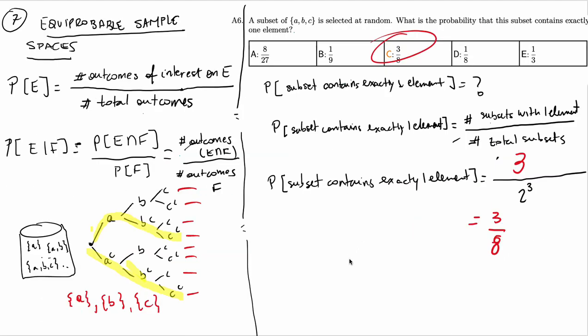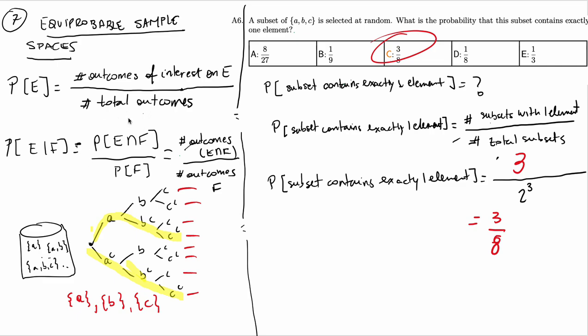Then last lecture, we talked about what we call equiprobable sample spaces, where we calculate the probabilities. So we learned that in equiprobable sample spaces, the way we calculate probability is a ratio, right? It's a ratio of the outcomes of interest of that event divided by the total outcomes, okay?